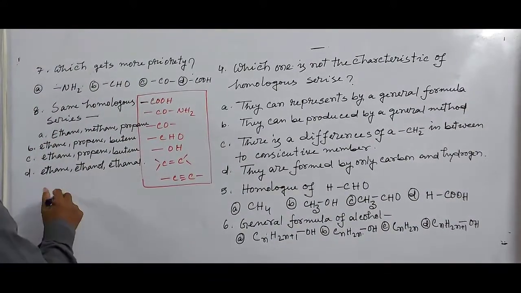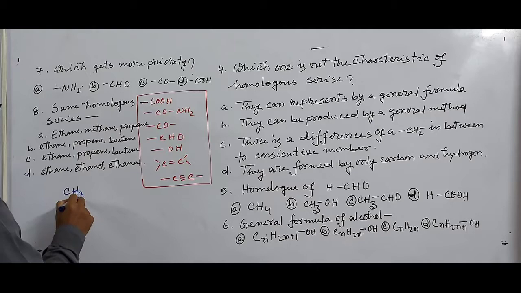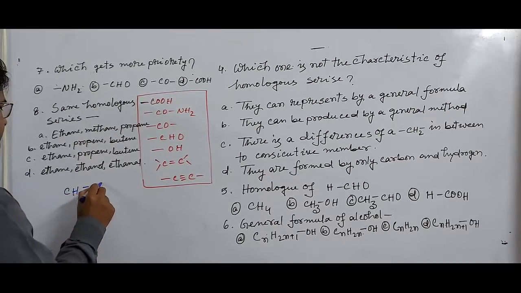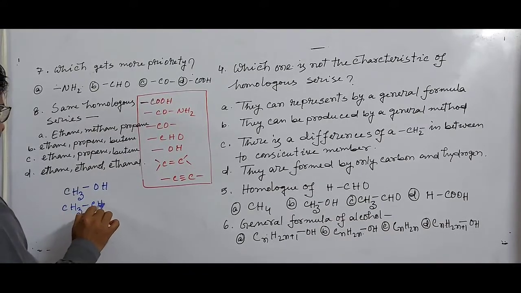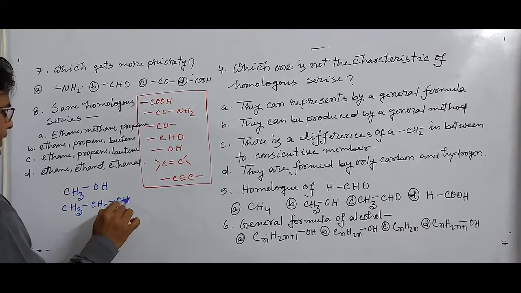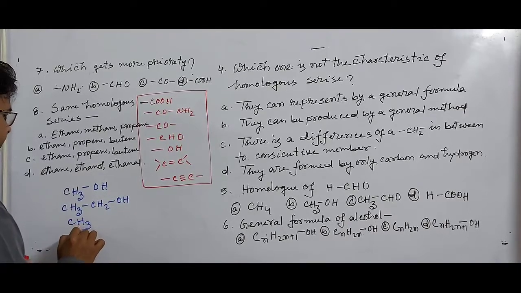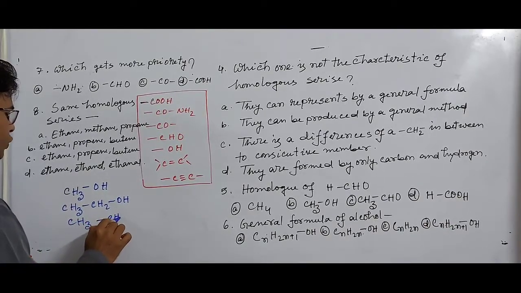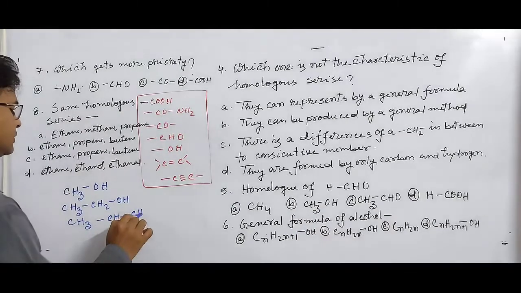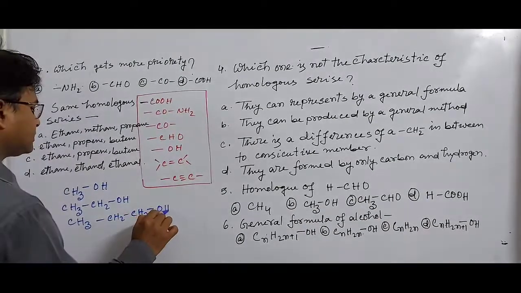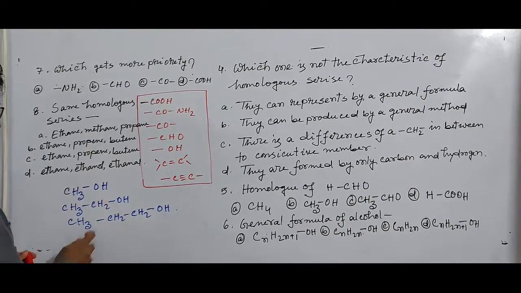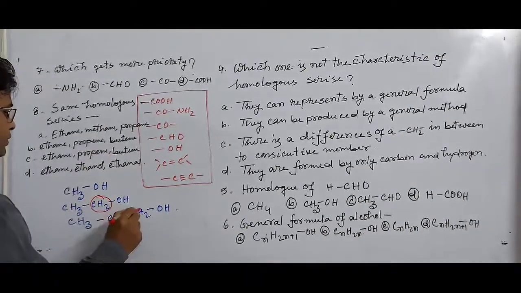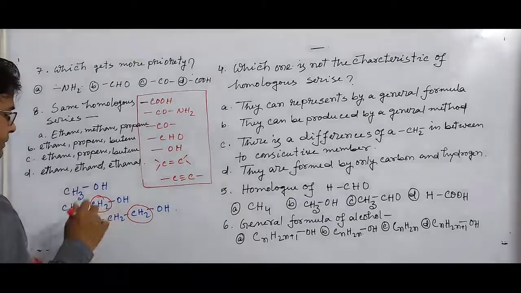Even if you consider alcohol, this is the first member of the alcohol series, methanol, and this is ethanol, and this is propanol. So students, if you observe all those formulas, you will see that there is a difference of a methylene group between two consecutive members.